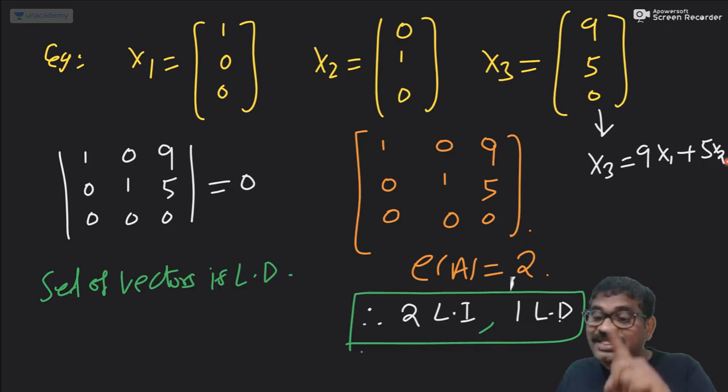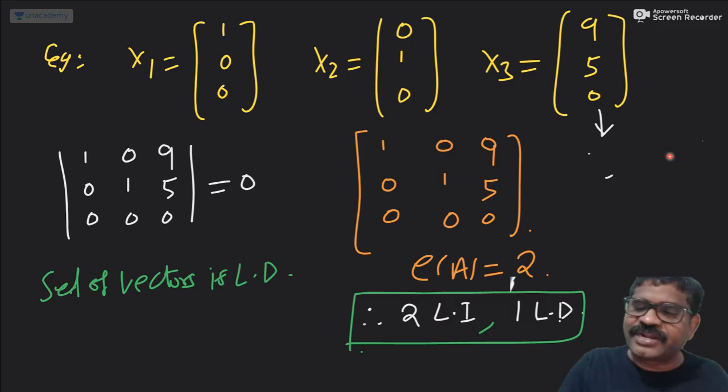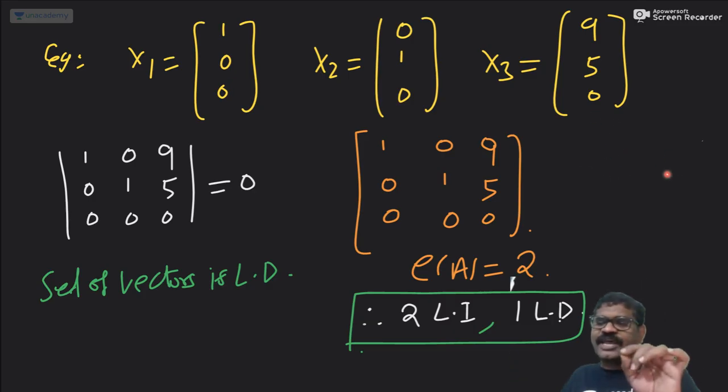That's why you should not say one vector is dependent and the other vector is independent. You can say so only when you can say how many are independent and how many are dependent. Please remember that point. Next.